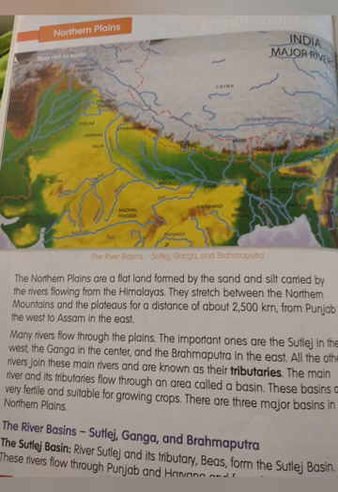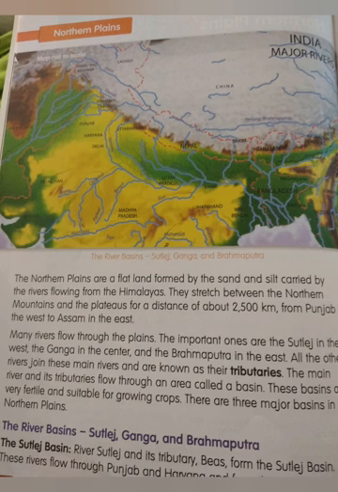The Satluj Basin: River Satluj and its tributary Beas form the Satluj Basin. These rivers flow through Punjab and Haryana and form the Punjab plains. The Ganga Basin: River Ganga and its tributaries such as Yamuna, Gomti, Son, and Kosi. From the Ganga basin, these rivers flow through Uttar Pradesh, Bihar, and West Bengal and form the Ganga Plains.